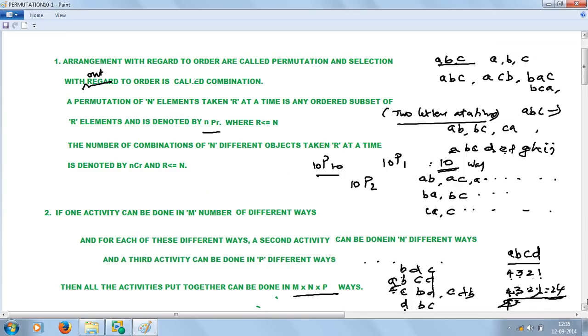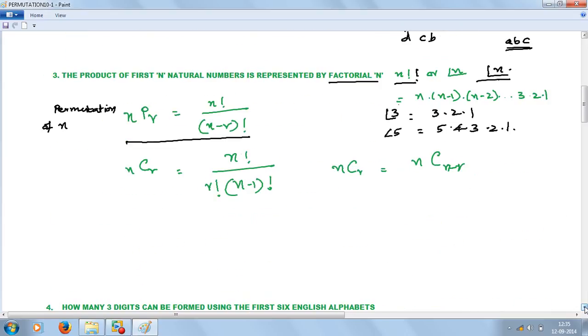So we may not use all of them. It depends upon the problem. They will give in the problem how many elements you are using at a time. Totally n elements, or we are using all elements at a time. So what is the formula for that?